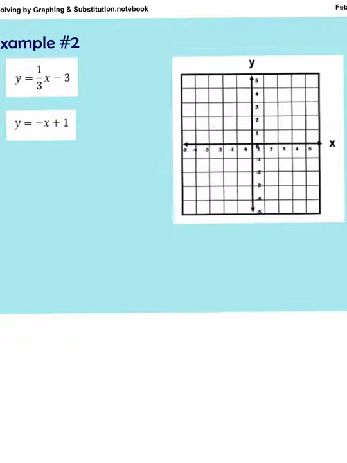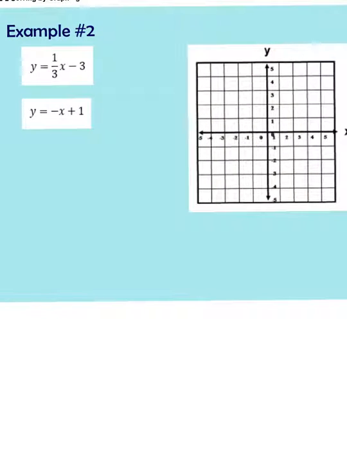So I'm going to make this one bigger. Move it over just a smidge. Okay, so for the first equation, once again, you've got both equations solved for y for you. So I want you to pause the video and graph these on your own, then check your answers and restart the video. I'm going to quietly just do the work, because I'm assuming at this point you've restarted the video.